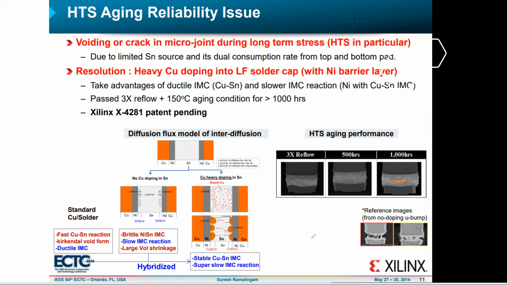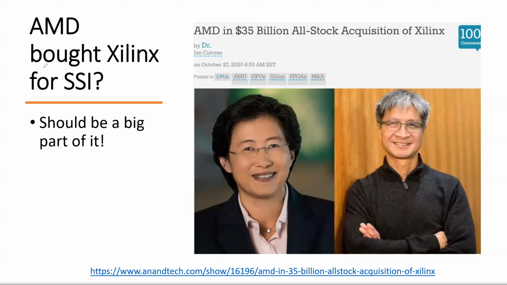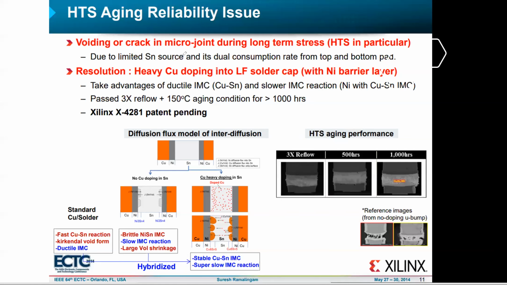So you can see that the customer company brings their own IP portfolio into their foundry to help them optimize the process. And that's the strength of TSMC working closely with their customers. And AMD bought Xilinx, obviously, to me, for the rich portfolio of patents.